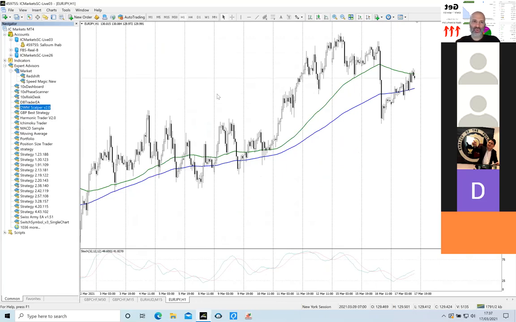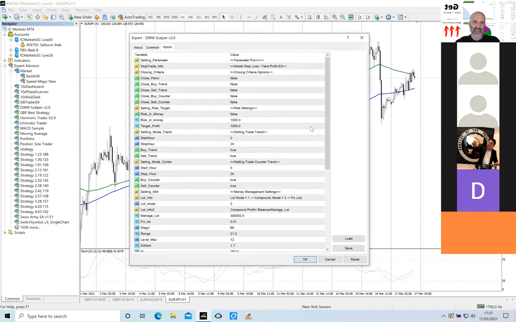How it works: we put the buy trend true, and sell false, and we will not be selling, because we want only to buy. We don't want the counter, so false, false, just one true, and the rest are the same.